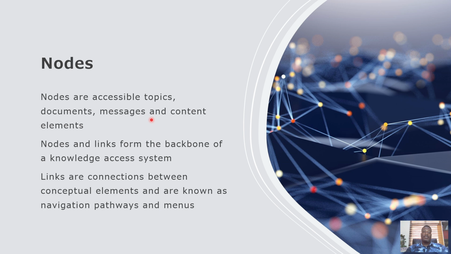The nodes and links usually form the backbone of a knowledge-based access system. So the nodes that are connected together and the links that connect these nodes form the backbone of the knowledge access.